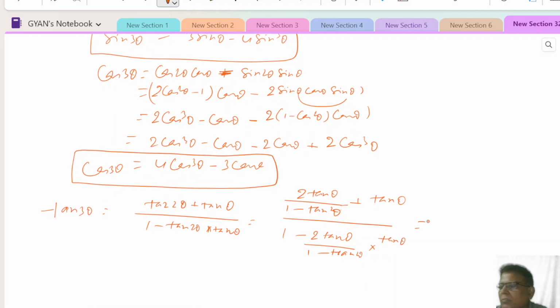We'll further solve it, then it will be 3 tan theta minus tan cube theta divided by 1 minus 3 tan square theta. Let me check whether this is correct or not. This is correct.